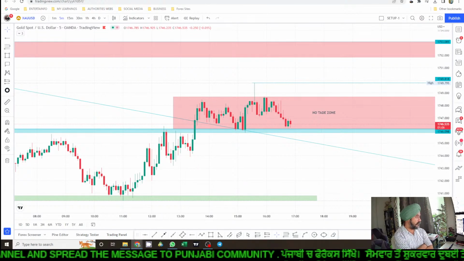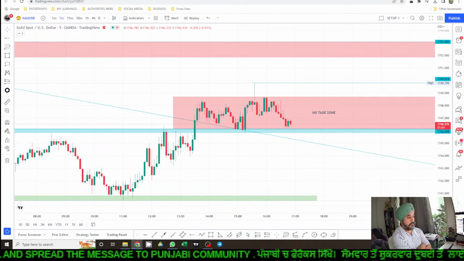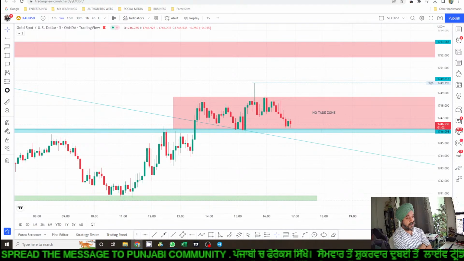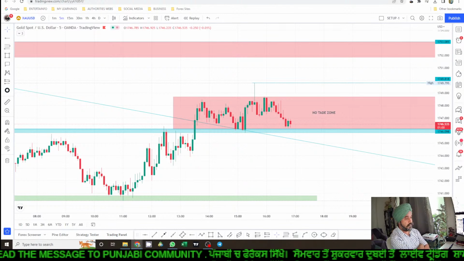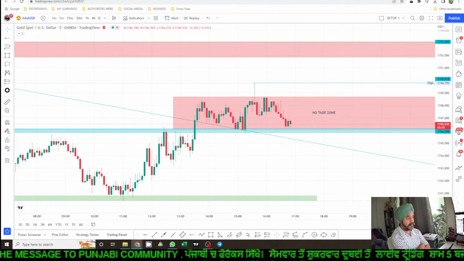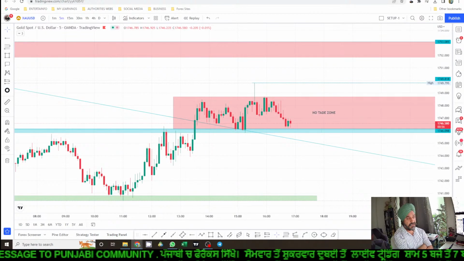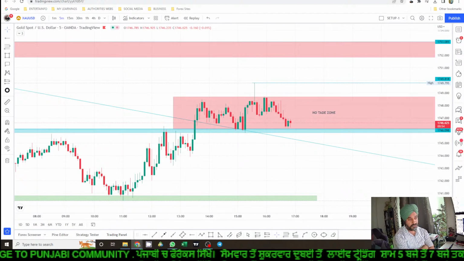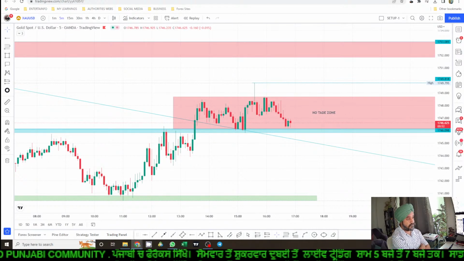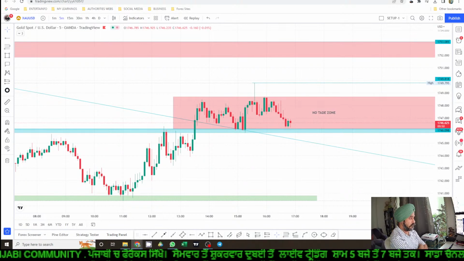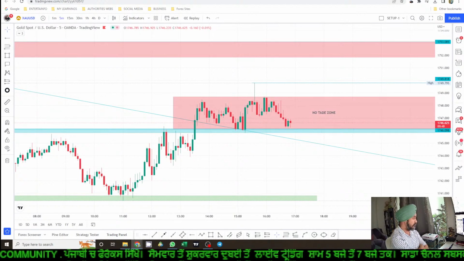But today is totally zigzag and we are not getting any clear movement. The previous candle high is breached by the next candle high, so there are huge whips and that's why we got stopped out twice.